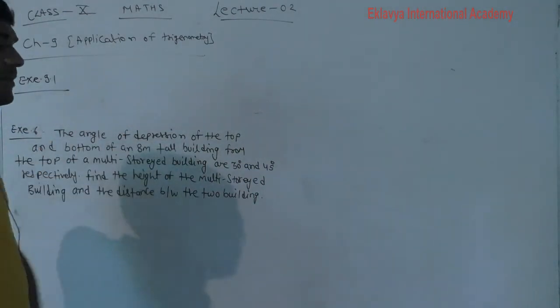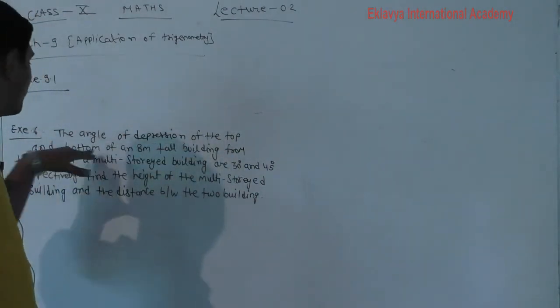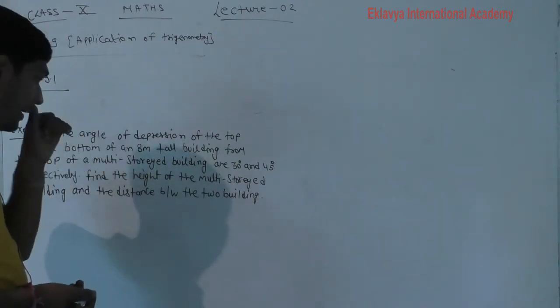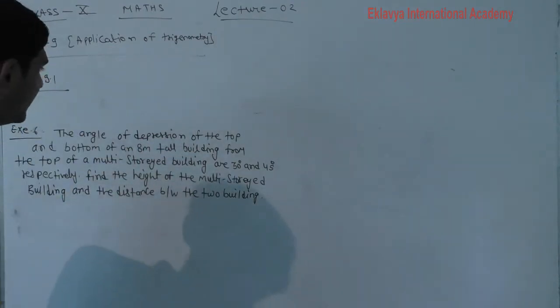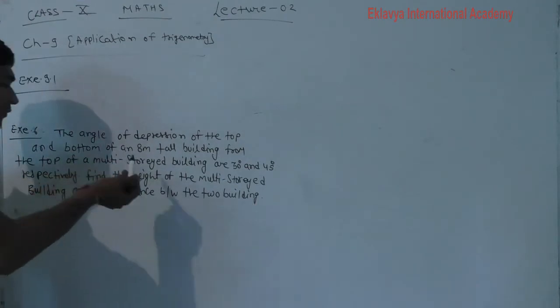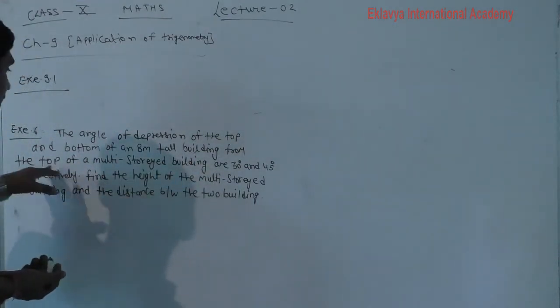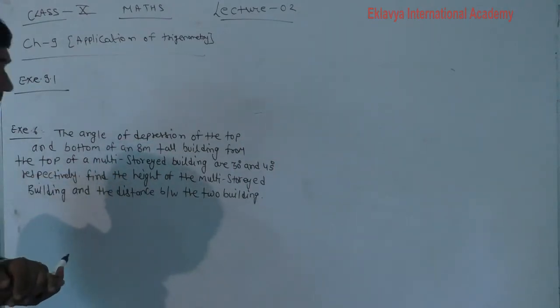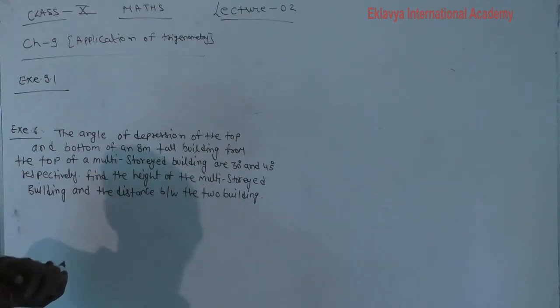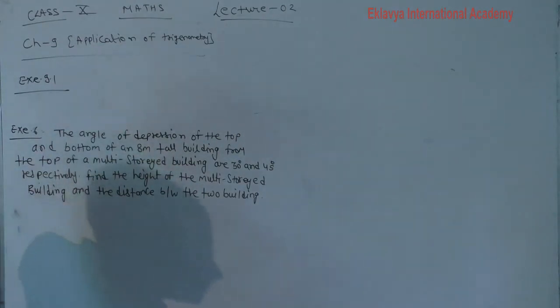The angle of depression of the top and the bottom of an 8 meter tall building from the top of a multi-story building are 30 degree and 45 degree respectively. Find the height of the multi-story building and the distance between the two buildings.